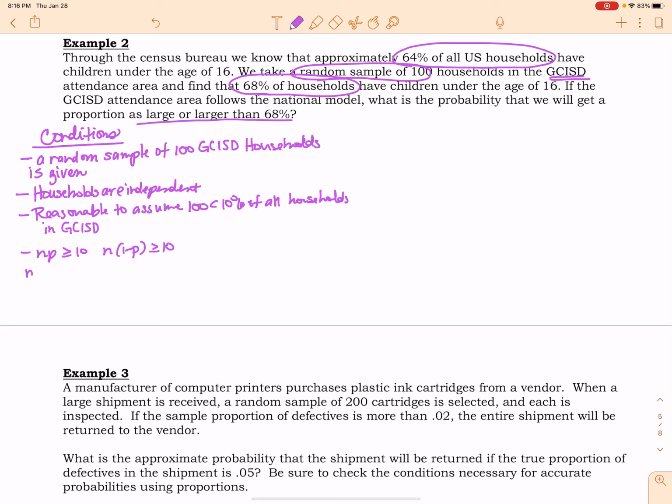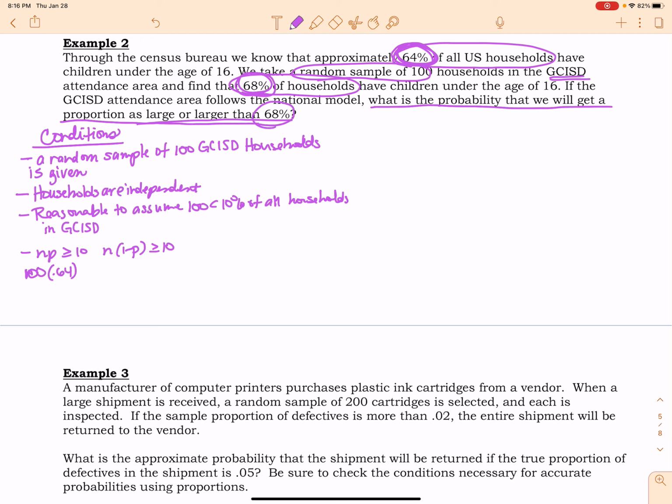So in this case, I am going to take my 100 here and multiply it by 0.64. 0.64 is the p that we're using because 0.68 came from GCISD, and we're actually comparing that to the national model. Notice, what is the probability that we will get a proportion as large or larger than 68?